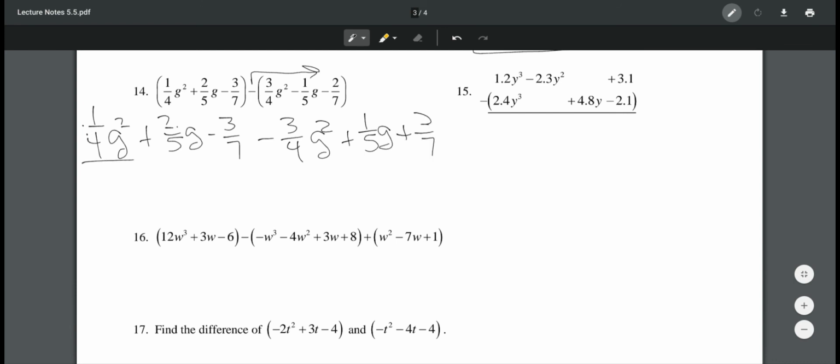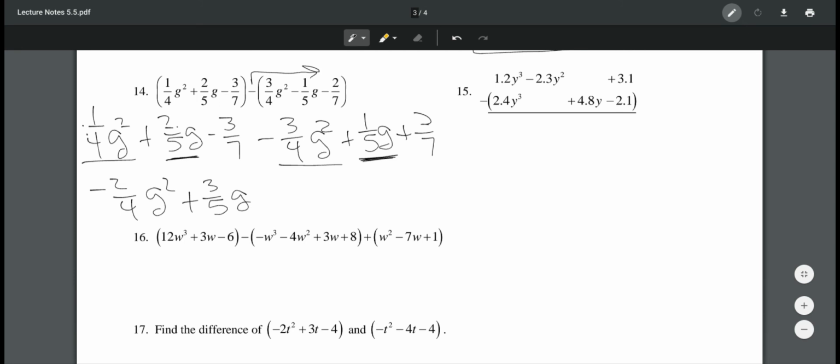So I can add 1/4 minus 3/4. That gives me negative 2/4 g squared. I'm going to add the coefficient of g. So that gives me 3/5 g. And then I'm going to add the two terms at the end, which are constant terms that have no variables with them.